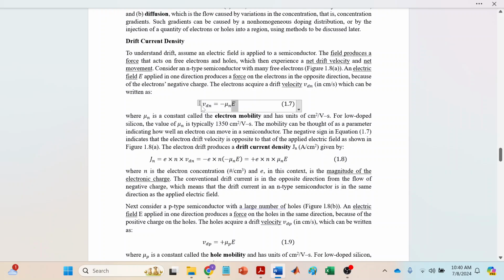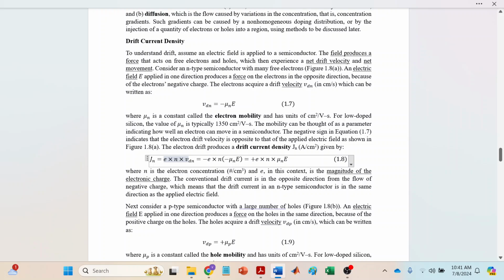Then calculating the current density from the velocity, we introduce these two constants. What is e? e is the magnitude of the electronic charge, and n is the electron concentration, and v is the drift velocity of the free electron.